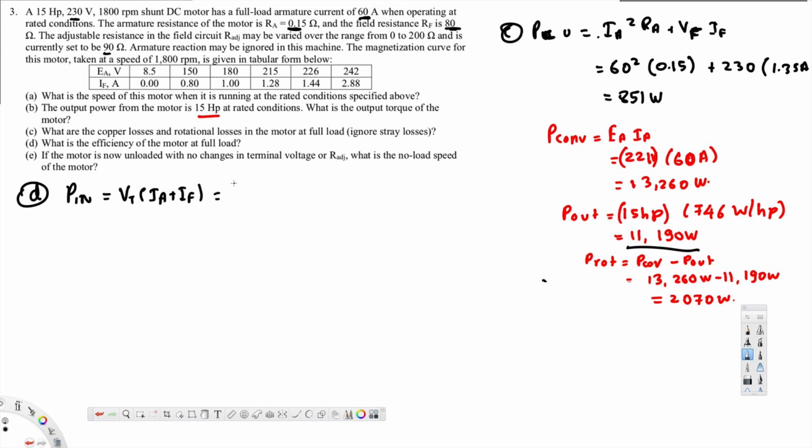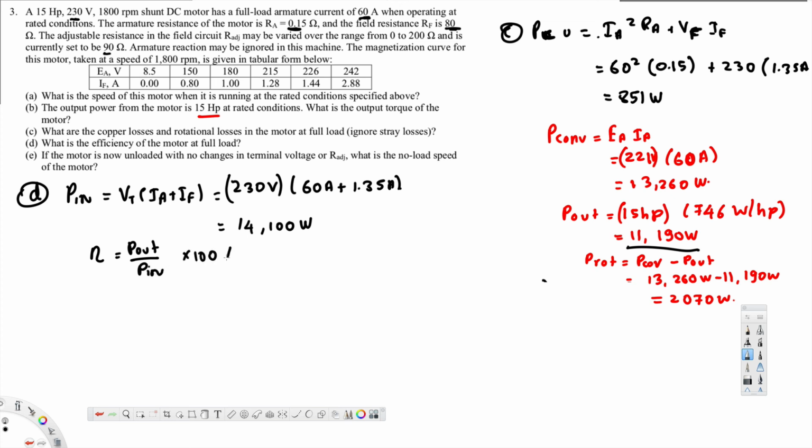Vt is 230 volts multiplied by Ia, that is 60 ampere, plus If we calculated in the first A part, that's 1.35 ampere. That gives us 14,100 watts.